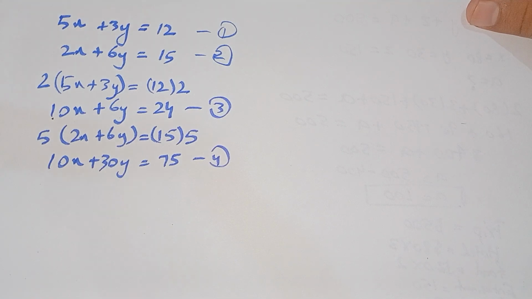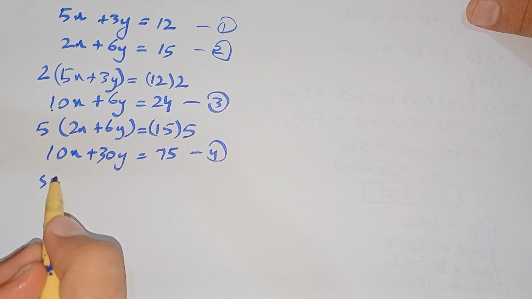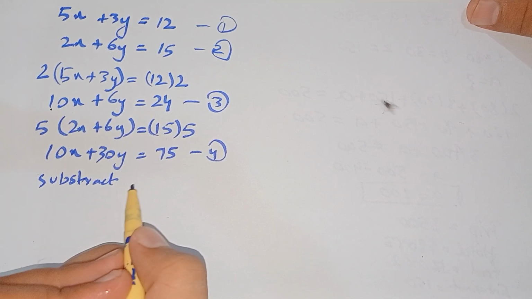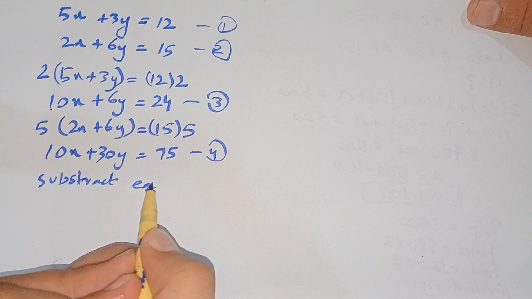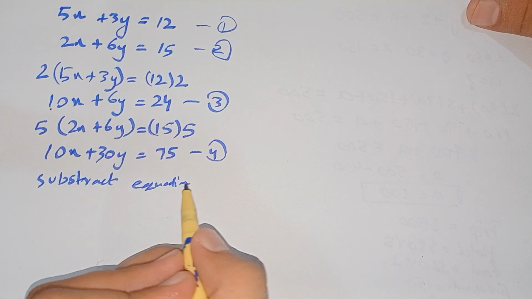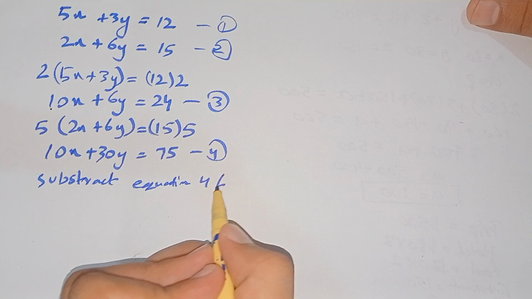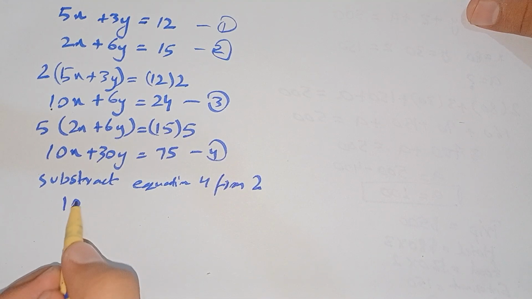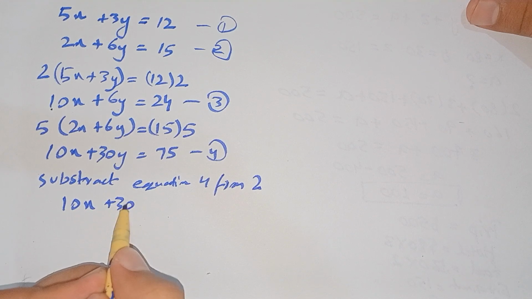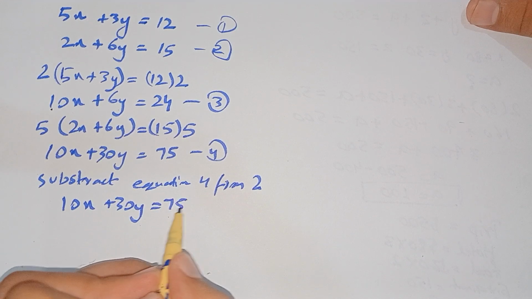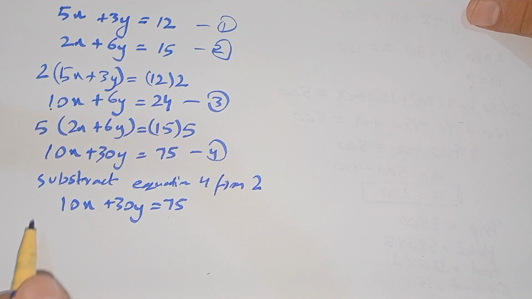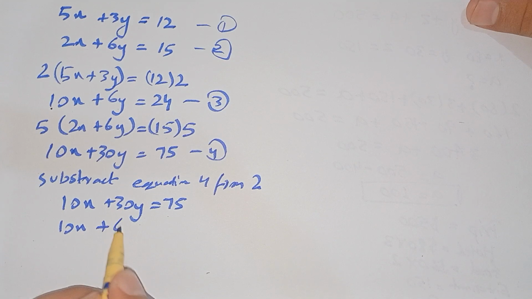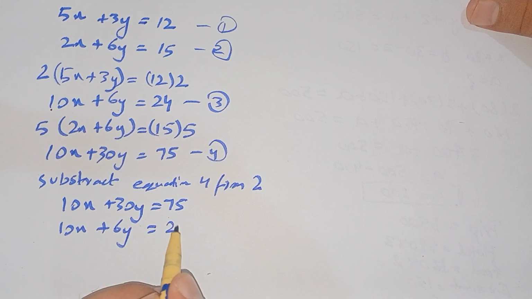So we have to subtract equation 3 from equation 4. Our equation 4 is 10x plus 30y equal to 75, and the equation we subtract is 10x plus 6y equal to 24.